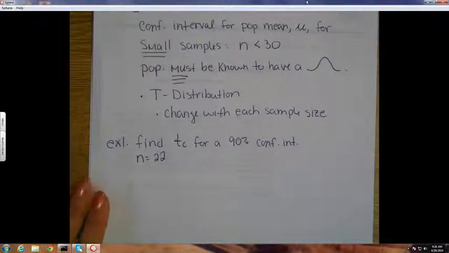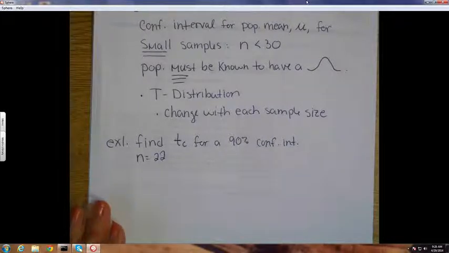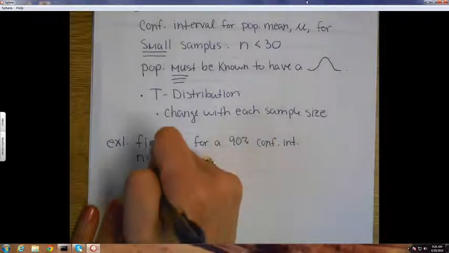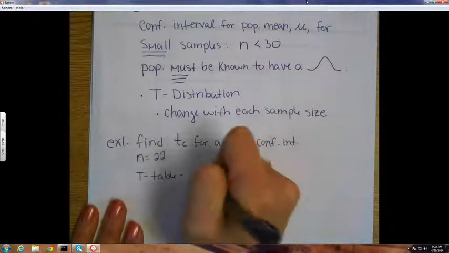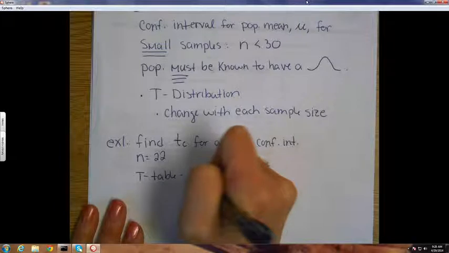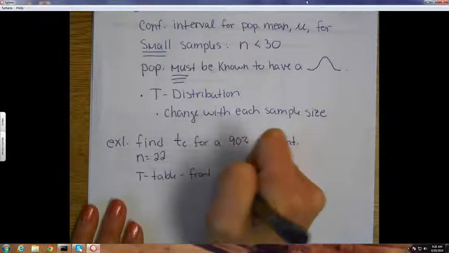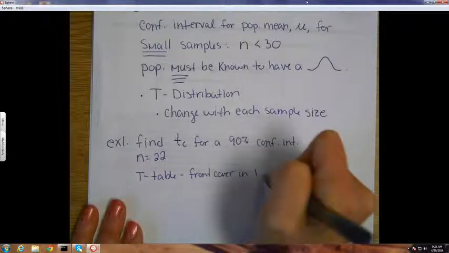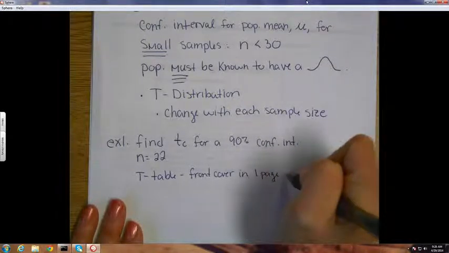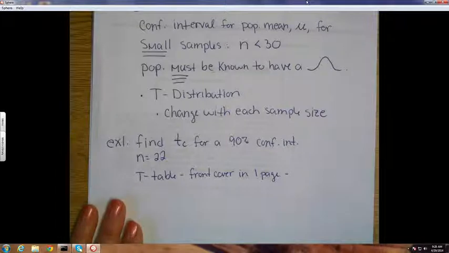Okay. So the T table is on the front cover in one page. And it's also on page A20 in the back.